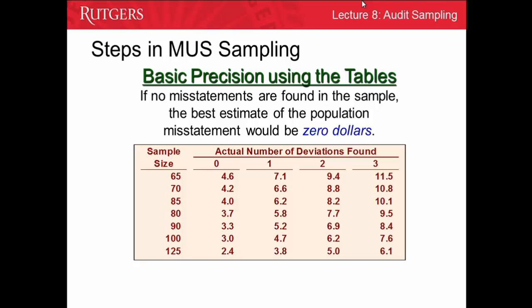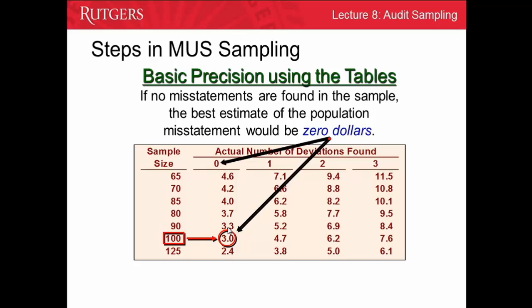Then here is a statistical table that we could use to find the basic precision. Because this table doesn't list a sample size of 93, we round it up to 100. Then we find that if the actual number of deviations found is 0, then the basic precision is 3.1.